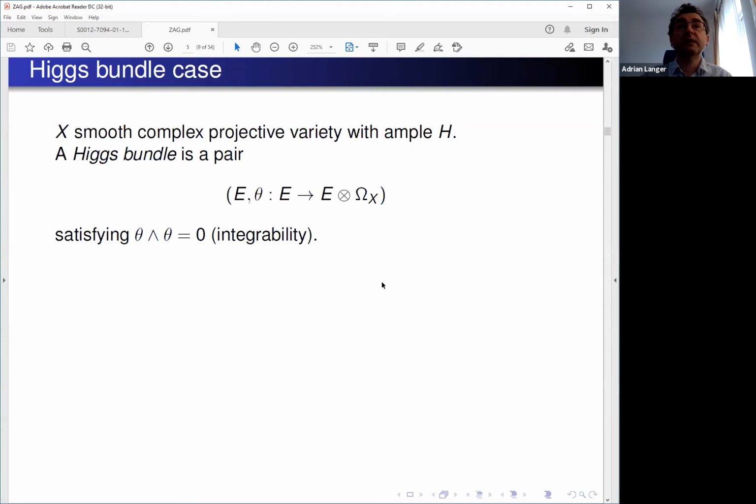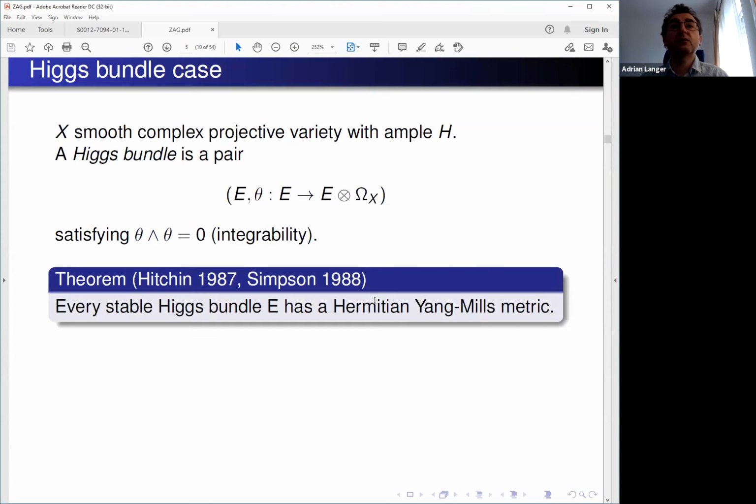And when we have this, then first of all, there is a result due to Hitchin in the curve case, and then Simpson in general, which says that every stable Higgs bundle, where stability is defined in the same way as before, except that we consider only subsheaves that are preserved by this Higgs field, has a Hermitian Yang-Mills metric.